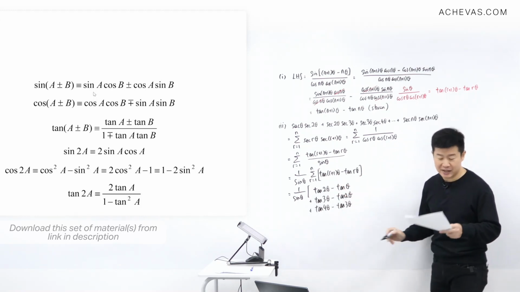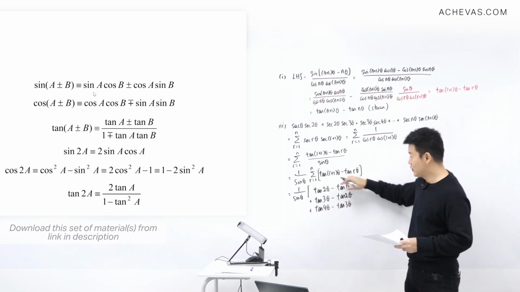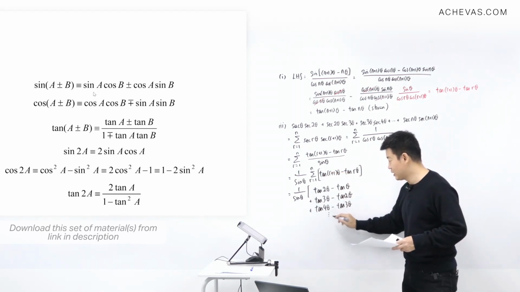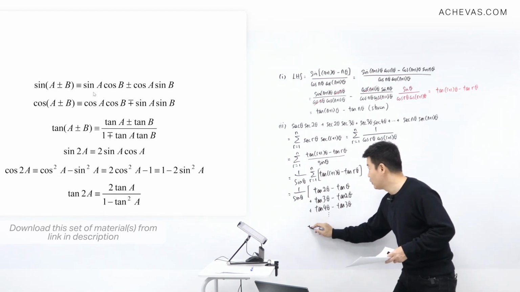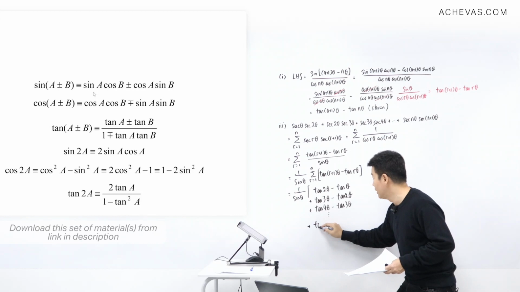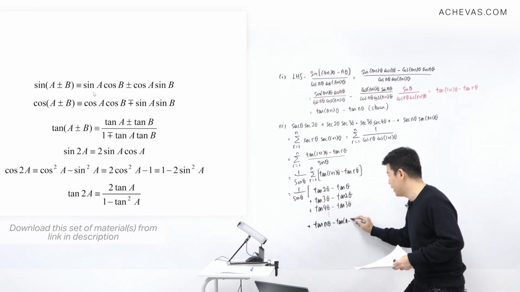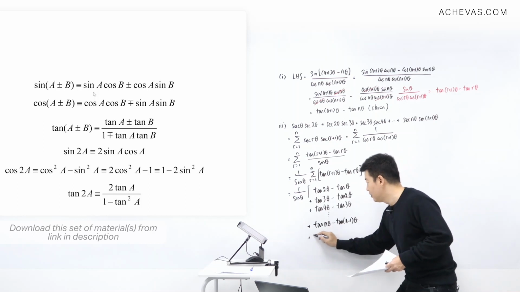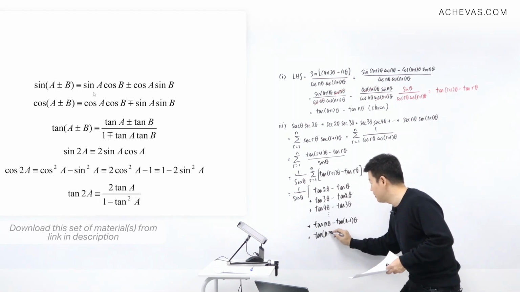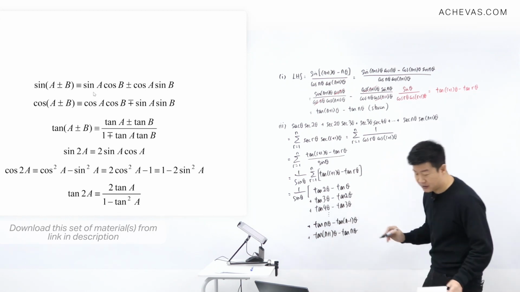I can see terms being cancelled out, and the cancellation follows a particular pattern. 2 rows gives me 1 cancellation, so I'm going to write down the last 2 rows. That will be when r is equal to n minus 1, which means that we will have tangent n theta minus tangent of n minus 1 theta plus tangent n plus 1 theta minus tangent n theta.